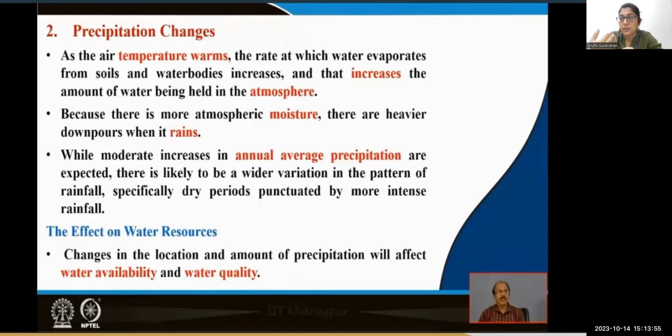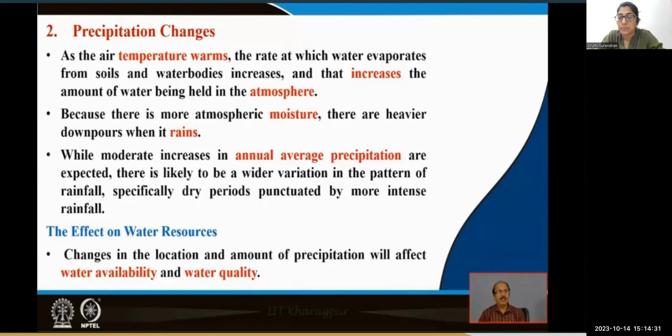So this increased rate of evaporation and increased moisture content is going to bring about precipitation in a very erratic manner. The intensity of rainfall increases: rainfall that should have occurred over a span of 10 or 20 days will occur in just 5 days, and as a result the temporal distribution of rainfall becomes less even. That is, a huge rainfall occurs in a short time.